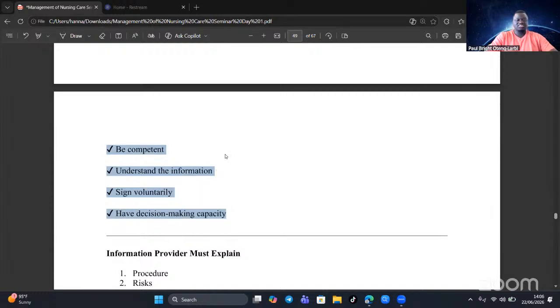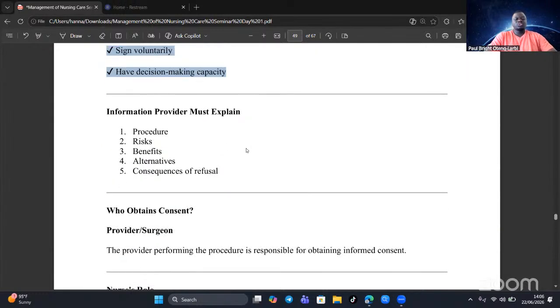Okay, that's it. So the nurse is not supposed to explain the surgical procedure or whatever procedure to the patient. Your role is to verify if the patient understood what has been explained by the provider concerning the procedure, the risks, benefits, alternatives, and consequences of refusal.